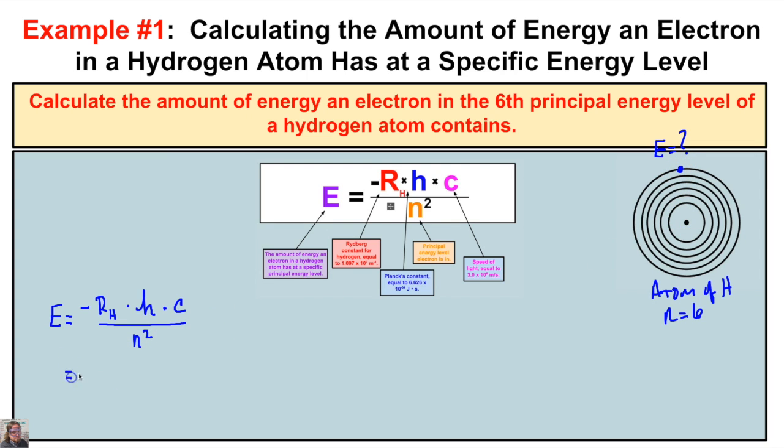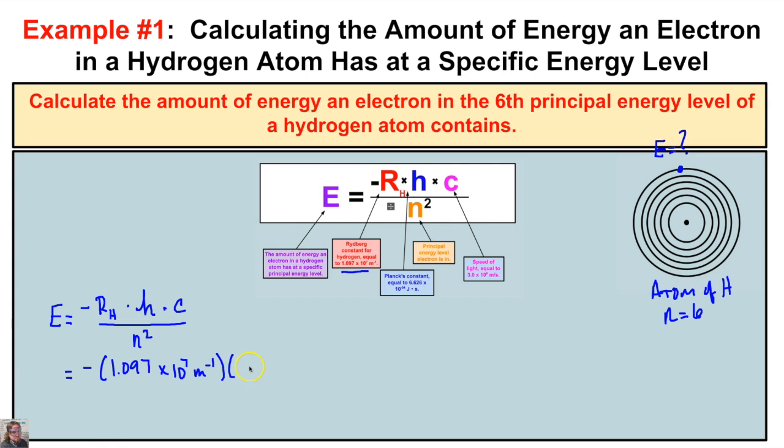So let's take a look here. We know that the Rydberg constant for hydrogen is this right here, 1.097 times 10 to the 7th, and meters here will be in the denominator.